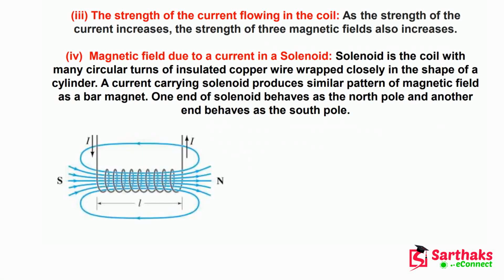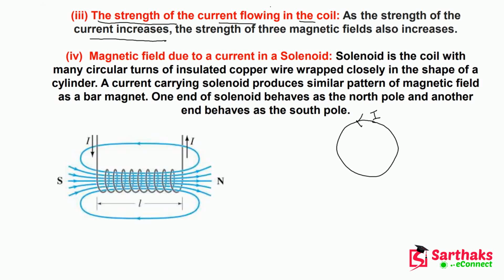Okay guys, so here we will find out how the strength of the current flowing in the coil matters. Let's suppose this is again your circular loop and the current is increased.